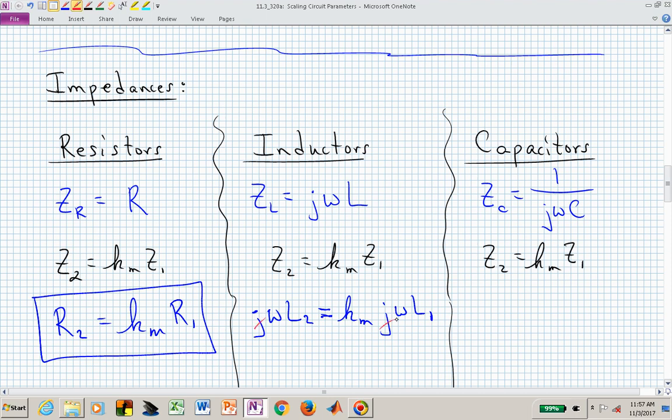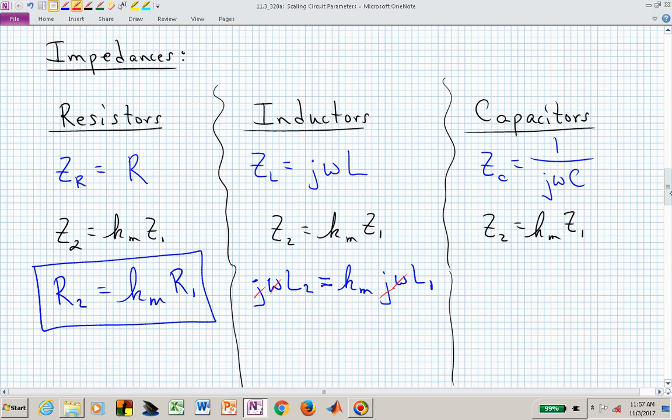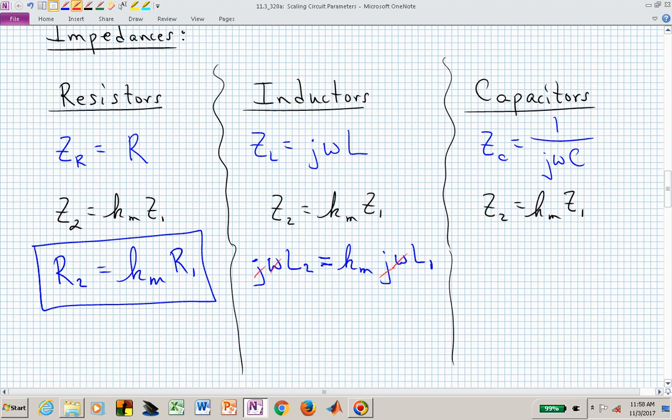The j's are the same on left and right, so we don't have to worry about those. The frequency is the same. And now we can see the relationship between original or initial inductor value L sub 1 and the final value L sub 2. L sub 2 now, that's all that's left on the left-hand side. We see if we magnitude scale our inductor, that will now be k sub m L sub 1, and there is our magnitude scaling.